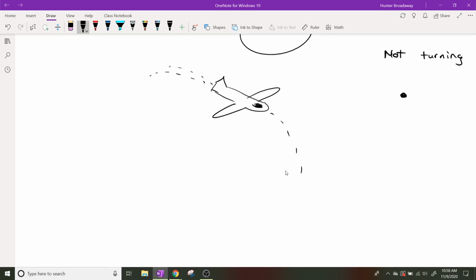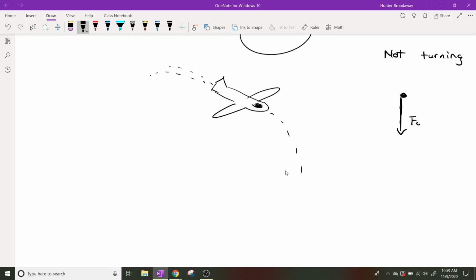If we're not turning, what forces do we have acting on an airplane? What are all of them? Gravity going down, right? We're going to count air resistance as friction.